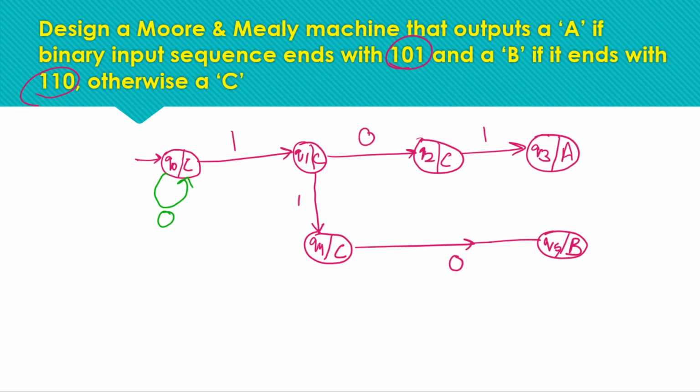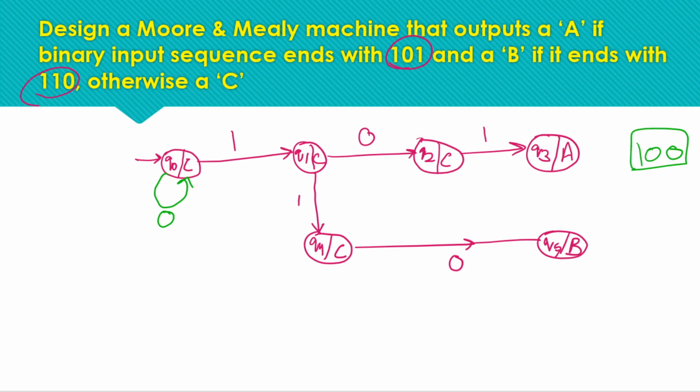Okay, so this is our approach. Now from Q1 we have marked both the transitions, so Q1 is complete. Now from Q2 we have not marked the transition of 0. So after getting a 0 at Q2, meaning we have received 10, and if we get the next symbol as 0, that means the pattern is totally disturbed.